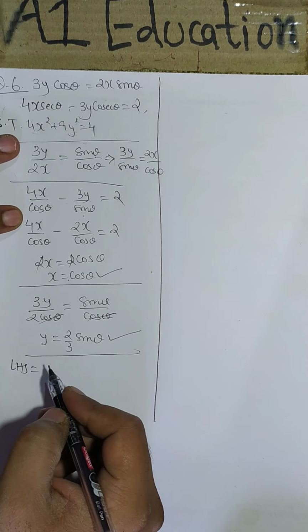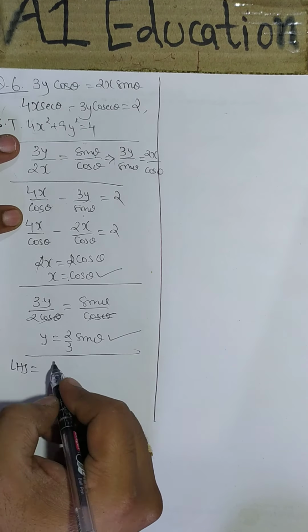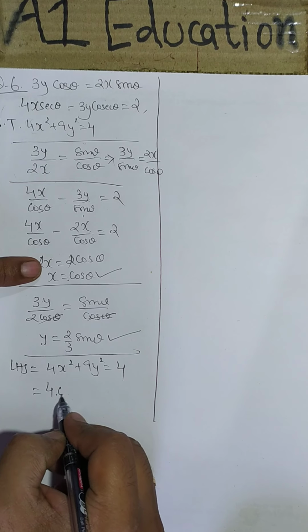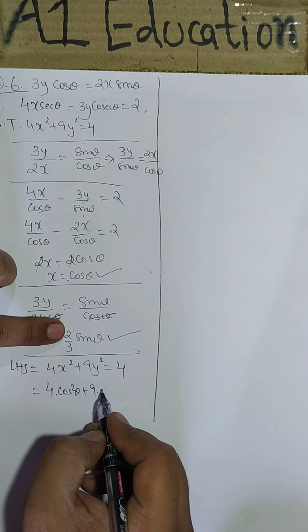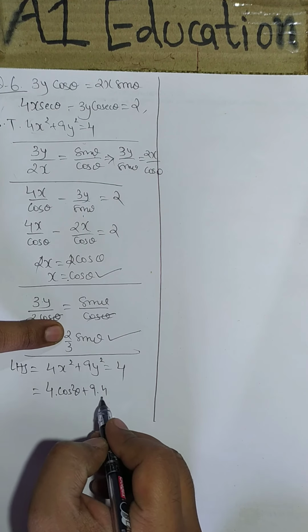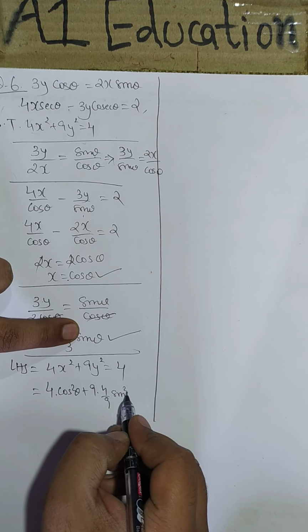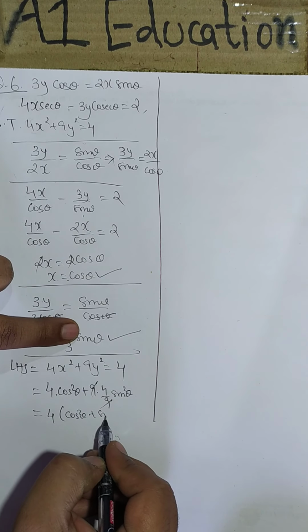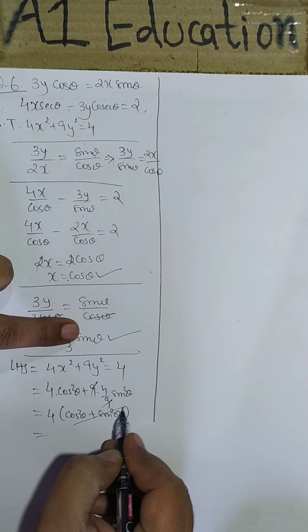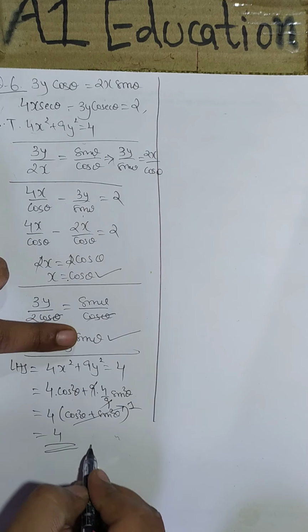Taking the left hand side, 4x square plus 9y square. The value of x square is cos square theta, value of y square is 2 by 3 squared, that is 4 by 9, and sin square theta. So 9 gets cancelled, 4 common, cos square theta plus sin square theta. As per the standard identity, this value is 1, hence the answer is 4.